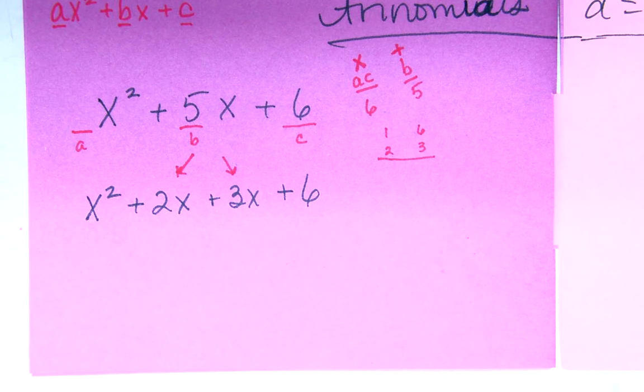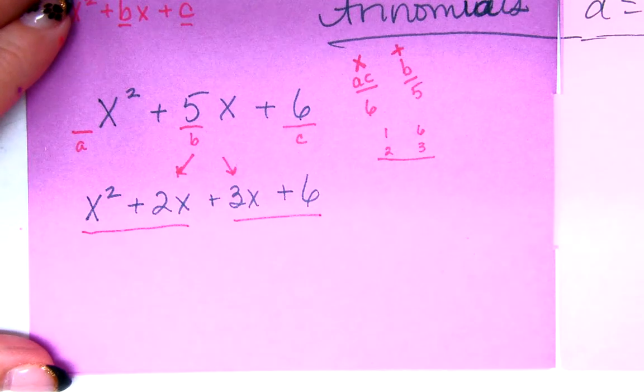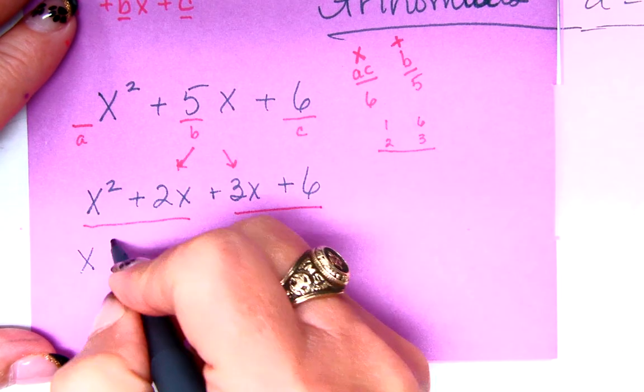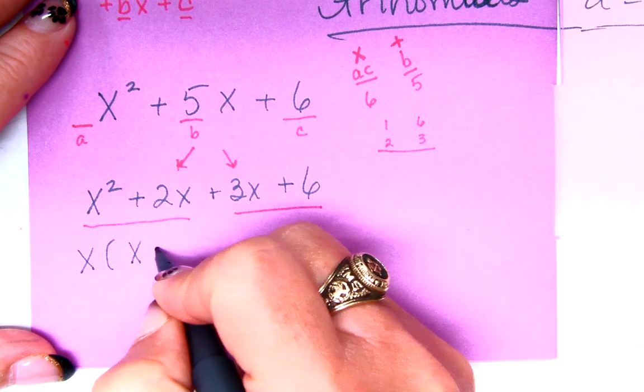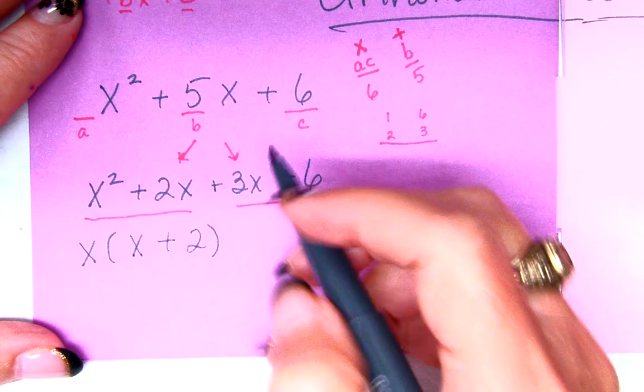I wish I would have taught you how to factor by grouping yesterday. Oh. You already know what to do, don't you? Greatest common factor, greatest common factor. What is the greatest common factor between x squared and 2x? X. What's left? X plus 2. What's the greatest common factor between 3x and 6? 3.